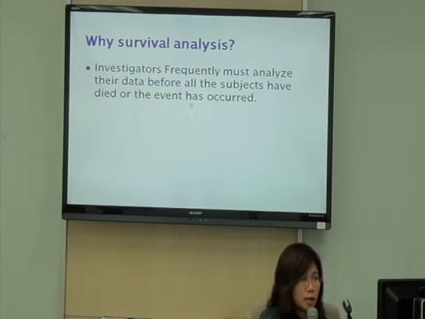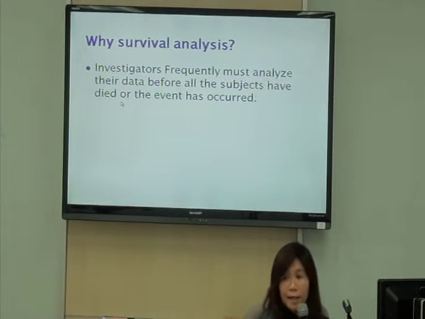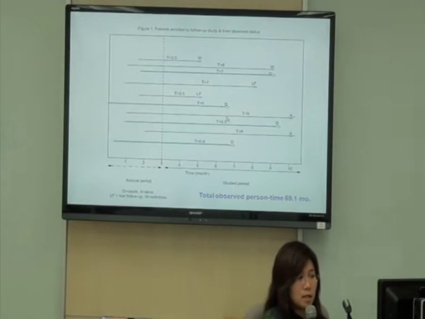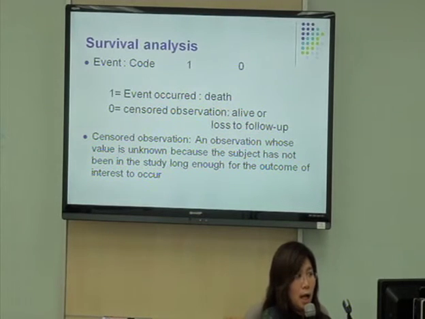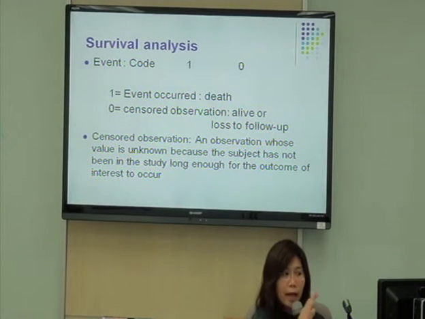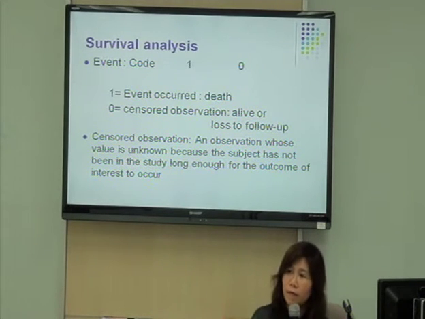Why do we need survival analysis? Because investigators mostly must analyze data before all subjects have died or before the event has occurred in all subjects, and typically patients did not enter the study at the same time, as I just mentioned. And when we do the analysis, imagine that we have the date of the end of study, right?